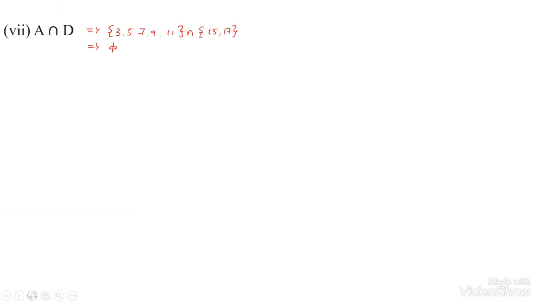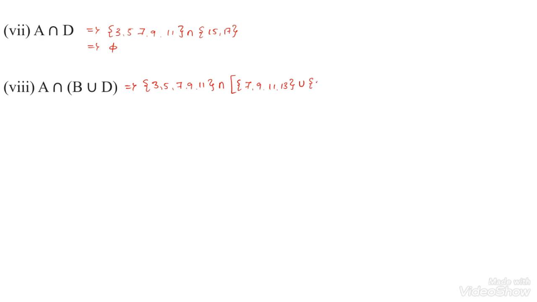Here, A intersection B union D. The set containing the elements A: 3, 5, 7, 9, 11. First I have to check B union D. What are the elements in B? That is 7, 9, 11 and 13. Now, union of what are the elements in D? 15 and 17.